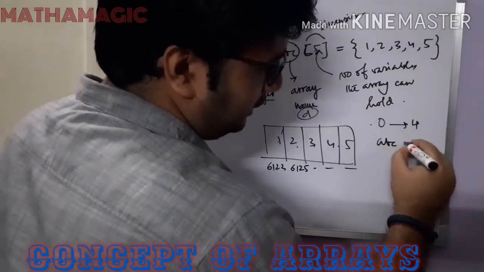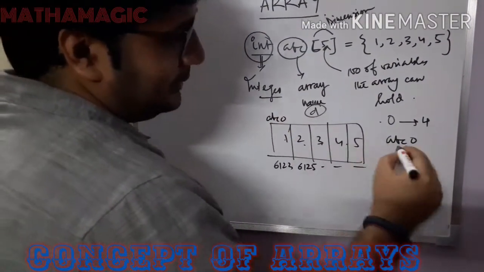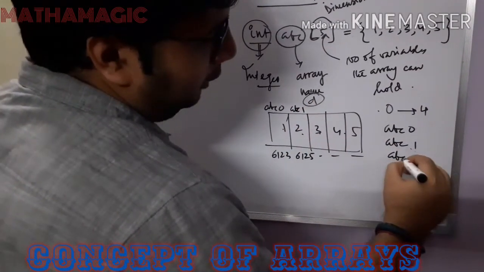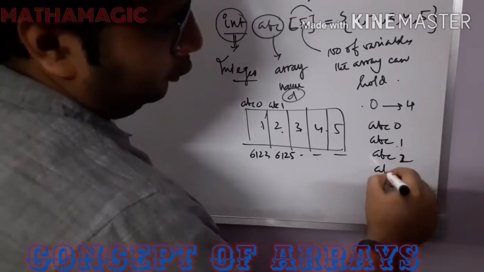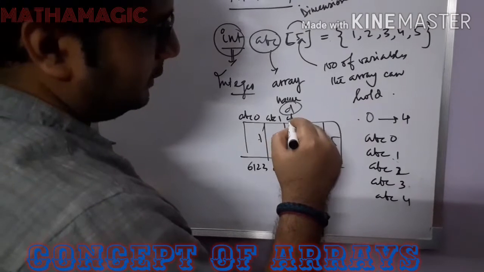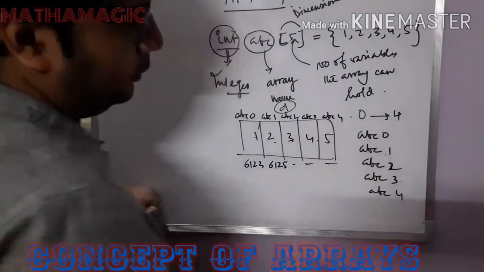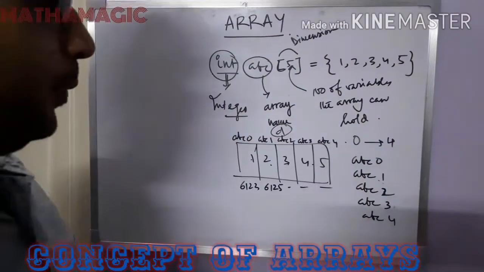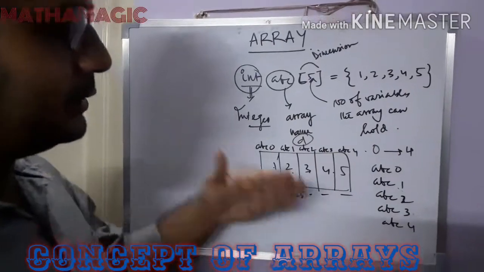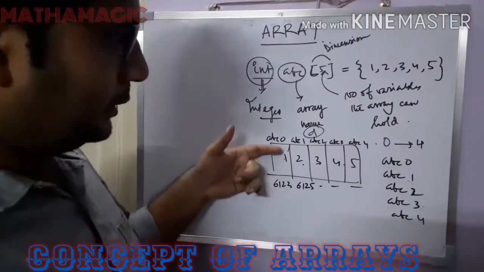That means the first variable name will be ABC0, the second one will be ABC1, the third one will be ABC2, the fourth one will be ABC3 and the fifth one will be ABC4. This is how the array initializes the variable names.